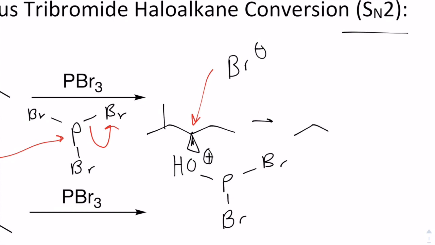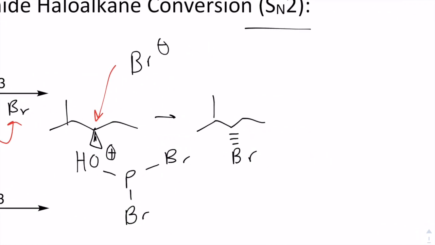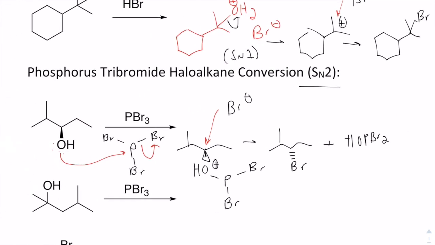So this would be a way to convert these alcohols into haloalkanes, more specifically the bromoalkane, because we're using this source of phosphorus tribromide. We would also get HOPBr2 as a byproduct. Okay, so that is definitely consistent with an SN2 reaction.